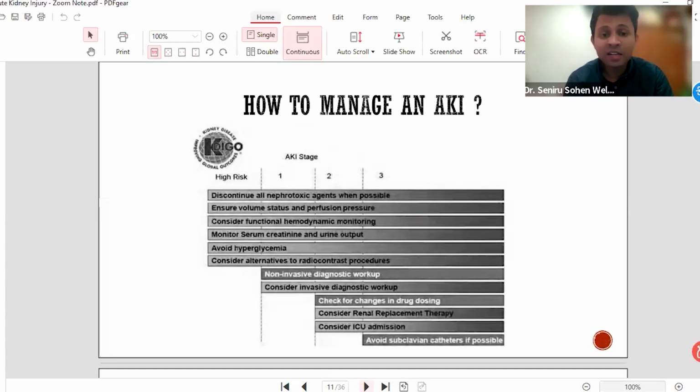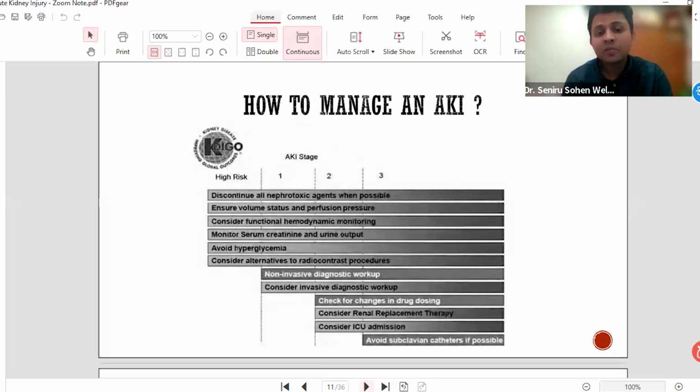Then you can look for signs of fluid overload, like jugular venous pressure elevation, and whether you have bibasal crepitations suggestive of pulmonary edema, and you can have effusions also if there is significant hypoalbuminemia. Then you can also go by skin turgor and capillary refilling time.